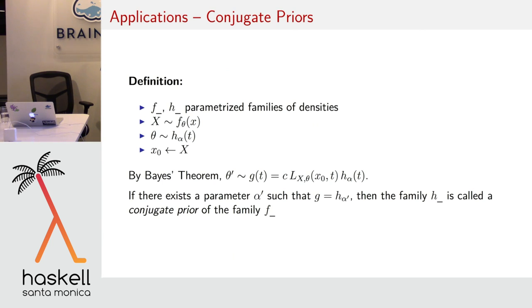I'm going to say F, which has some parameter, and H, which has some parameter. So two families of probability densities. You have an X, which is distributed with F theta of X. So it's this kind of graph, where X here is like one possible sample. You have theta, which is distributed with H alpha, and you grab something from X.